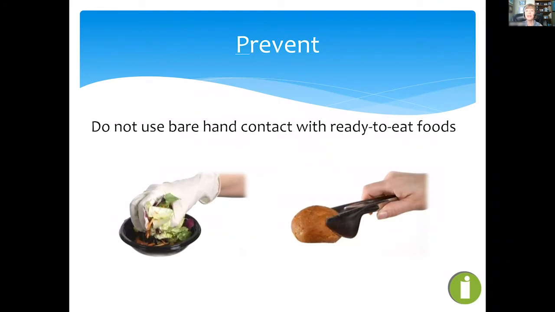Now, the next thing we're going to talk about is bare hand contact. If you remember that 1 trillion, a 1 with 12 zeros behind it, 1 trillion pathogens could be in a tiny little dot of fecal matter. If we're effective hand washers, even if we spent that whole time and got red dye all over our hands, we can still have lots of pathogens on our hands.